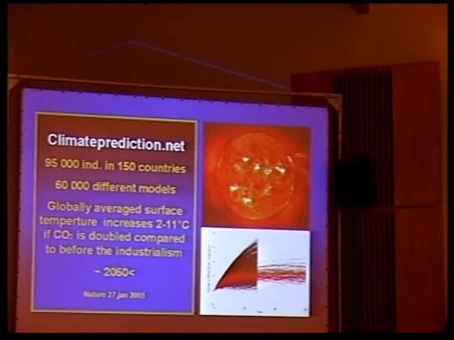This was published in Nature on the 27th of January this year. What it showed was that the globally average surface temperature would increase by between 2 and 11 degrees if carbon dioxide is doubled compared to before industrialization. 2 to 11 degrees. If this is right, we're running into a major catastrophe. I don't know if I will be around in the year 2050, but this is a steady increase.